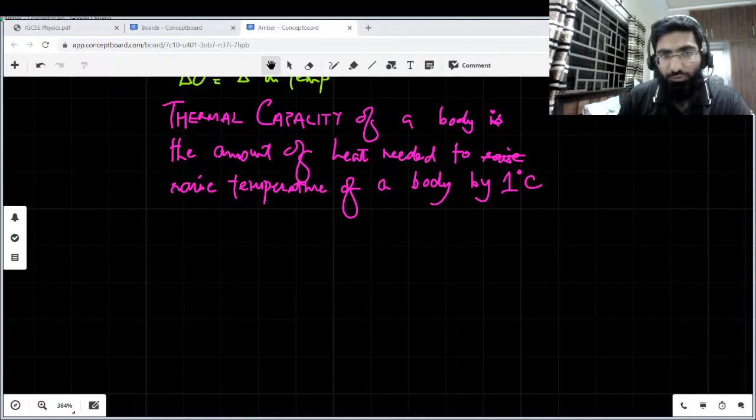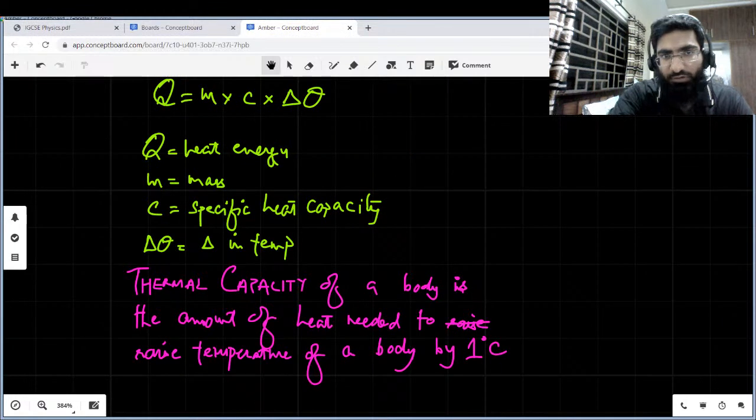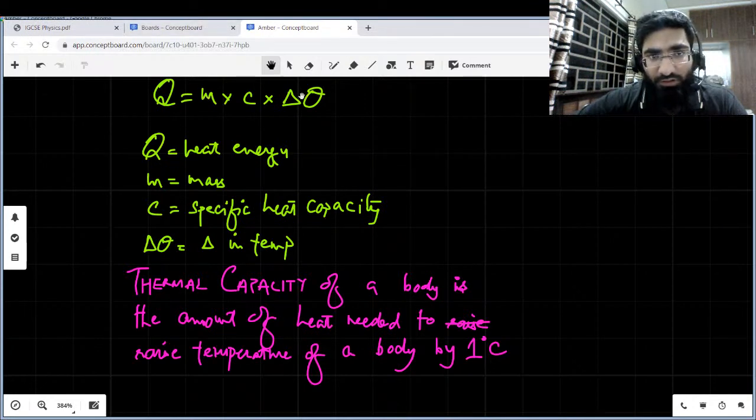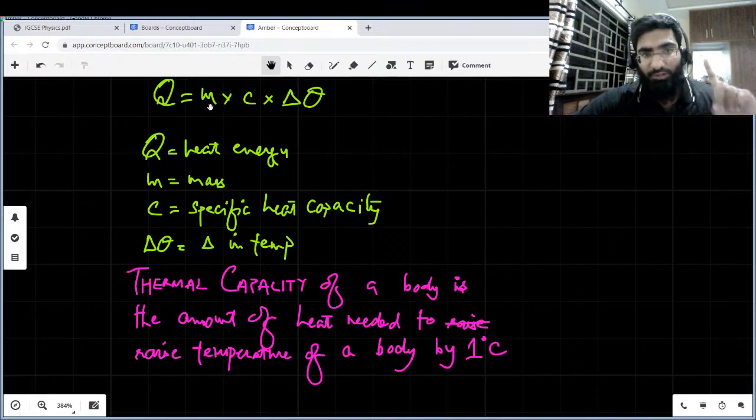Okay, so if we again look at the previous equation, the heat equation that we wrote, Q is equal to mc delta theta. So if we are calculating the specific heat capacity, m will be 1 and delta theta will be 1, since specific heat capacity is for 1 kg of mass and it creates a temperature change of 1, so we will get Q is equal to c.